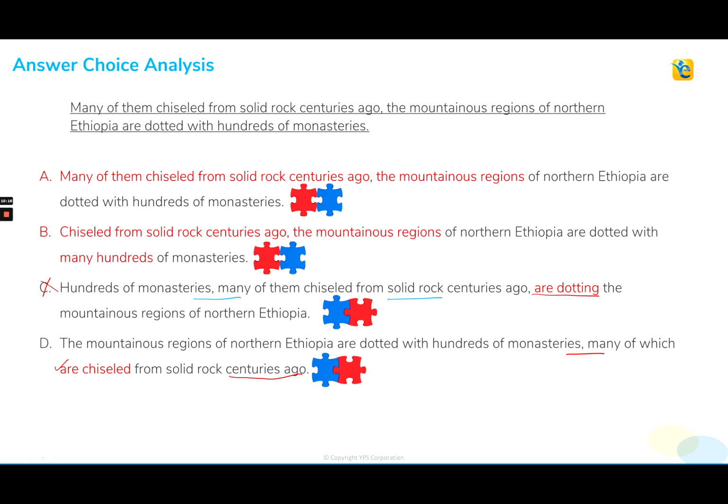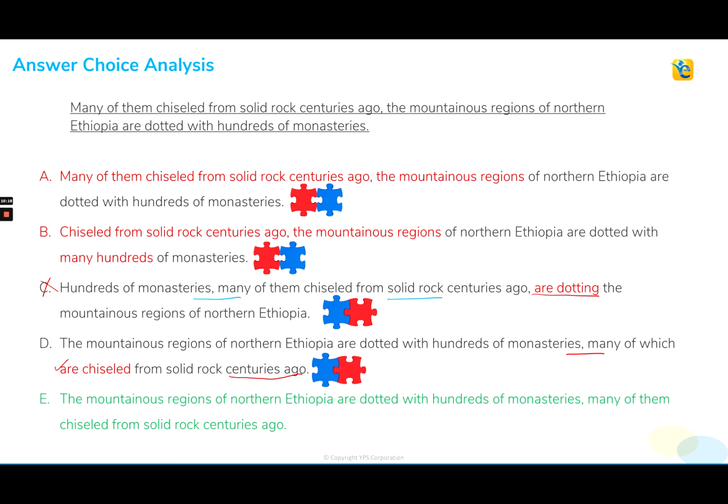Let's take a look at choice E. That's the only choice that we are left with, and this indeed is the correct answer. If you compare choice A and choice E, you will see choice E is exactly what we preempted during error analysis.